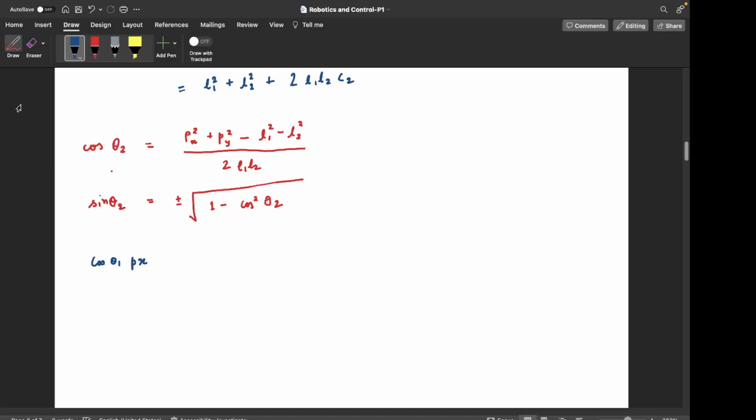Basically we multiply the px equation with cos theta 1, right? Multiply px with cos theta 1 and multiply py with sin theta 1, right?